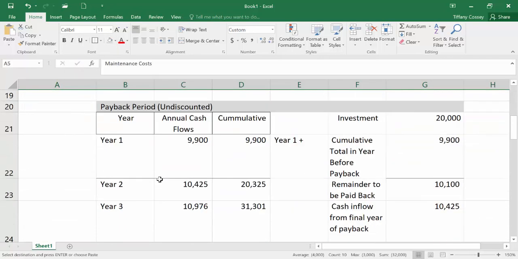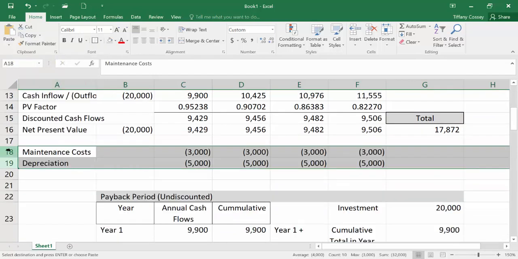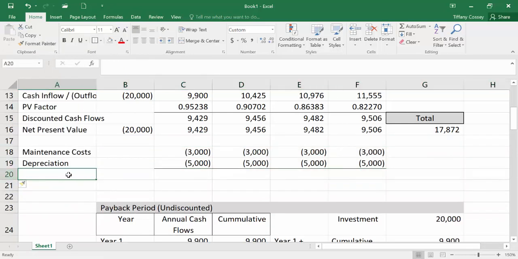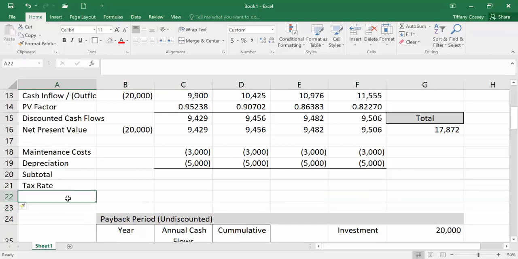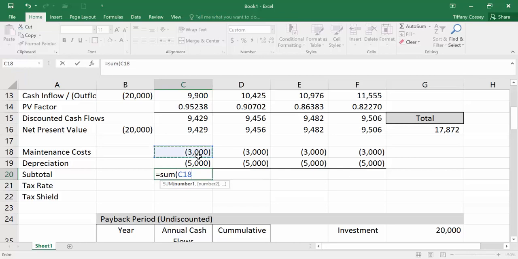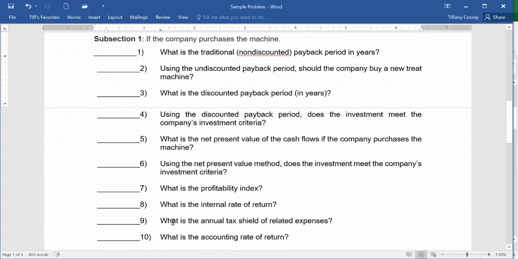So I'm just going to copy these and come down here and insert them. And I'm going to add them. And really, I only need to do that calculation once because I believe it asks for the annual tax shield. Yeah.